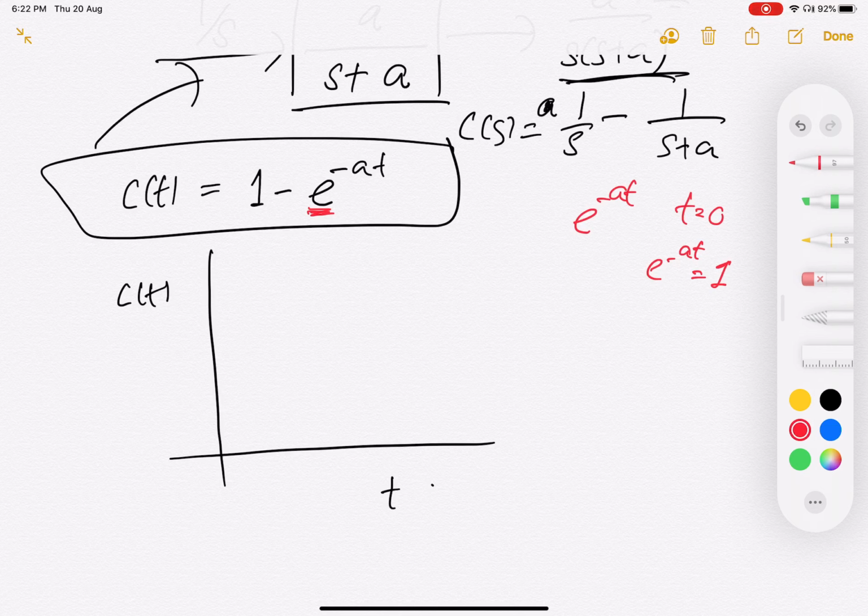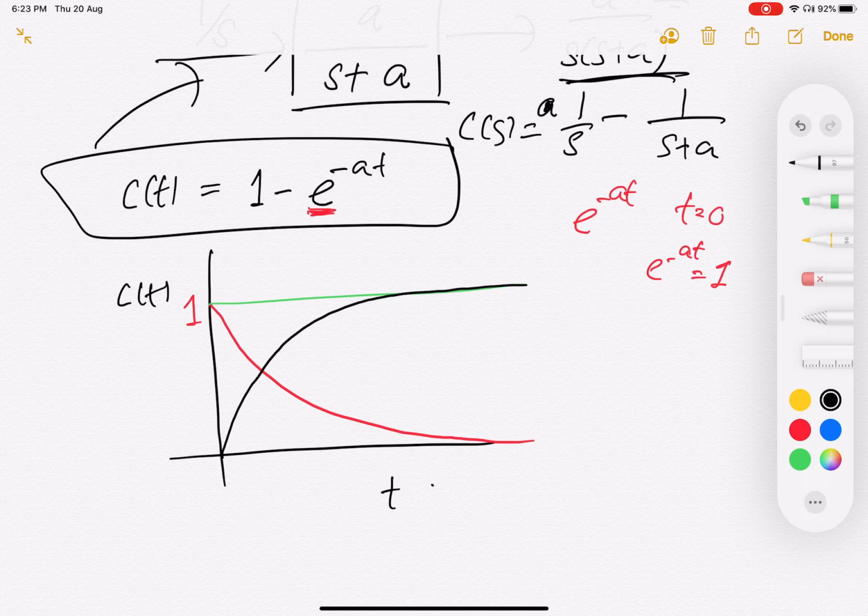So e to the power minus at is going to be something like this, right? And we are not interested in e to the power minus at, we are interested in 1 minus e to the power minus at. So if you subtract it from 1, you will get 1 minus e to the power minus at, which is going to be something like this. So this is the response of the first order system, a divided by s plus a, when you subject it to the step input.